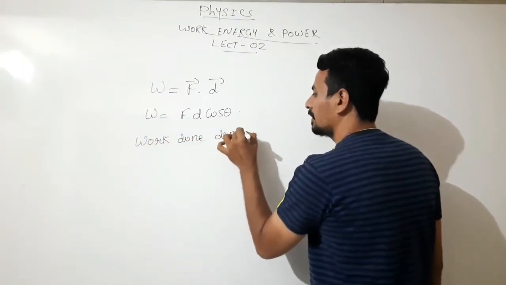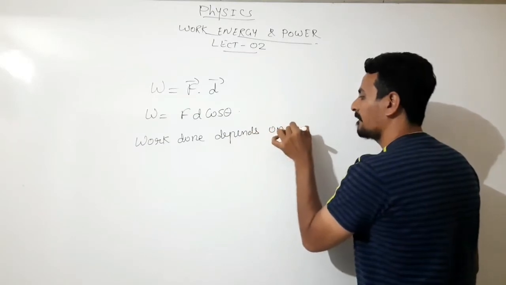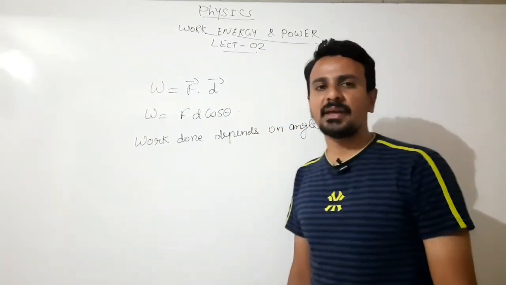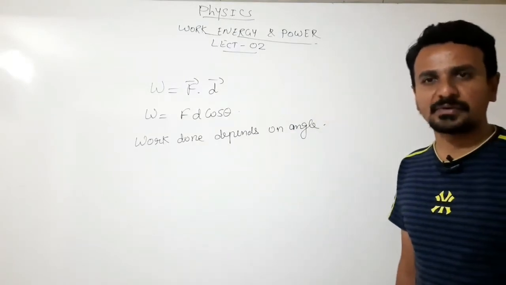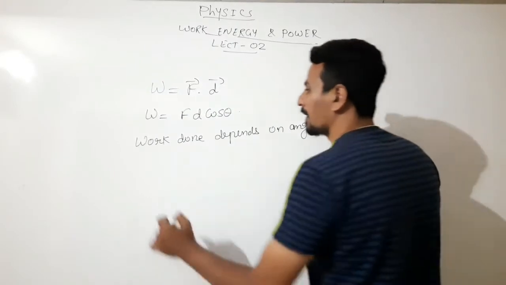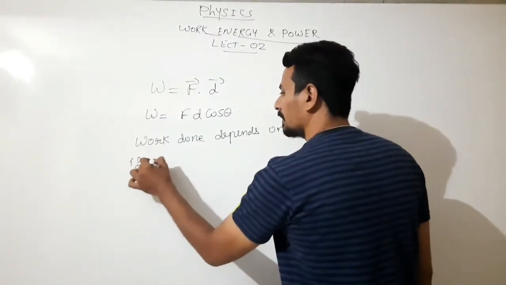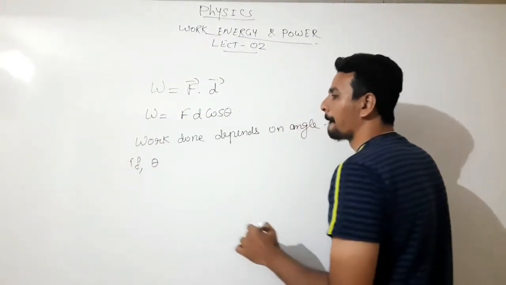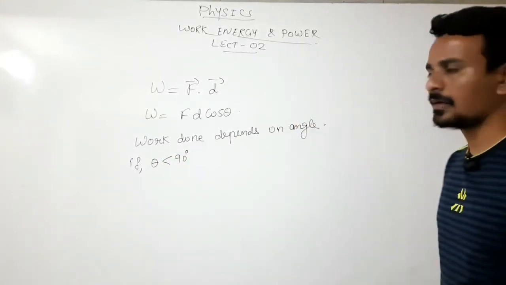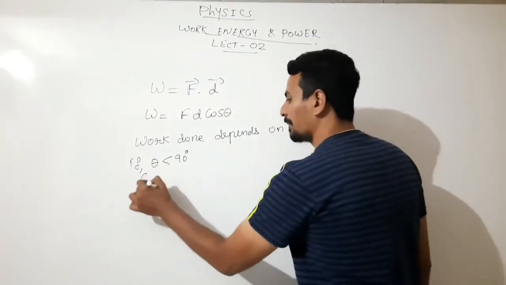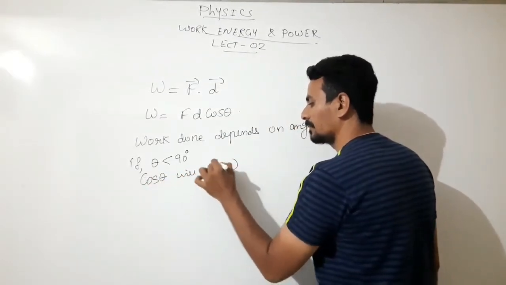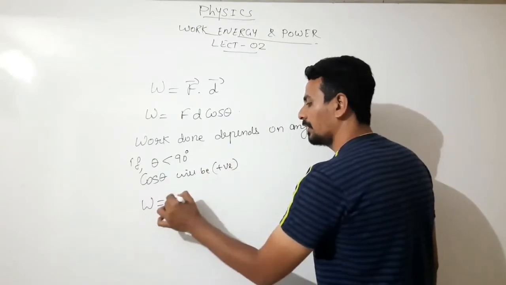Since work done depends on the angle, work done can be positive, can be negative, as well as can be zero. That is, if theta is less than 90 degrees, then cos theta will be positive, so work done will also be positive.